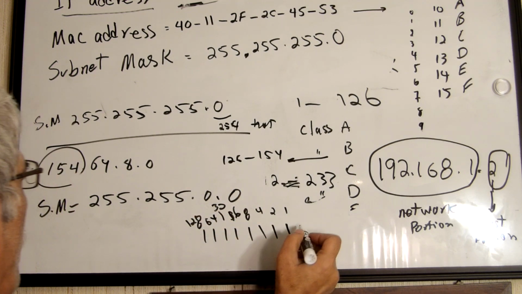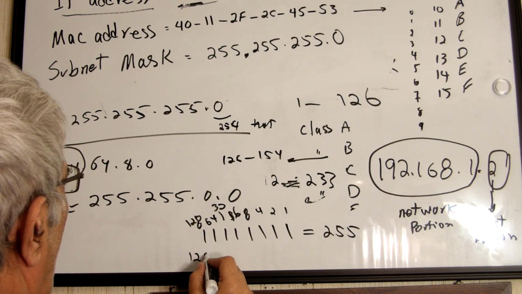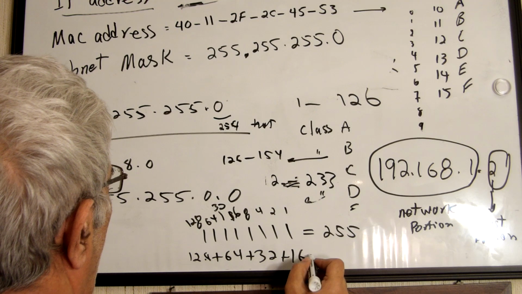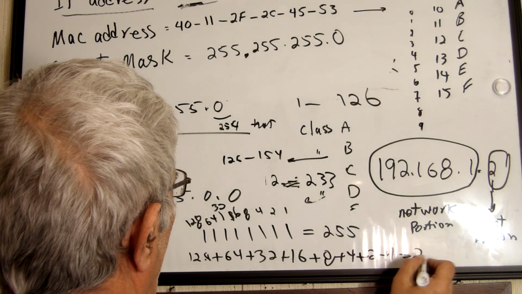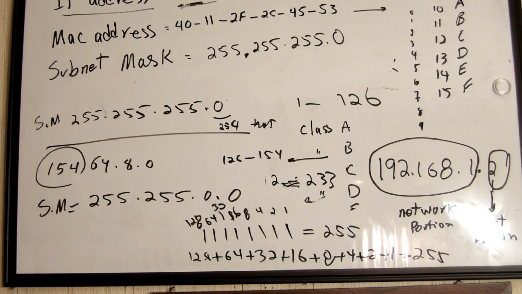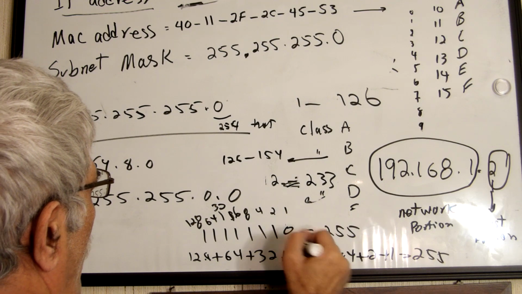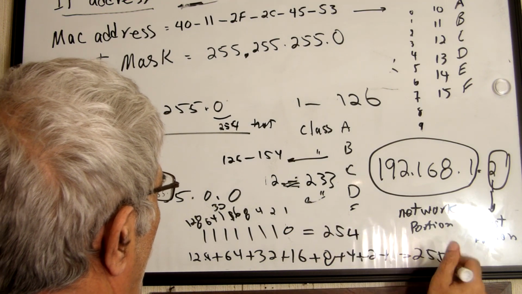If you add them up, 128 plus 64 plus 32 plus 16 plus 8 plus 4 plus 2 plus 1 is going to be 255. If the last one was 0, then it's 254.